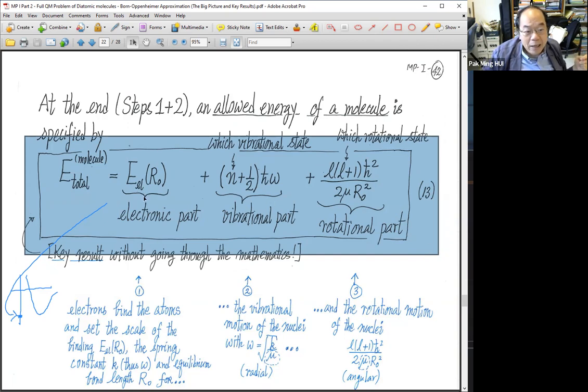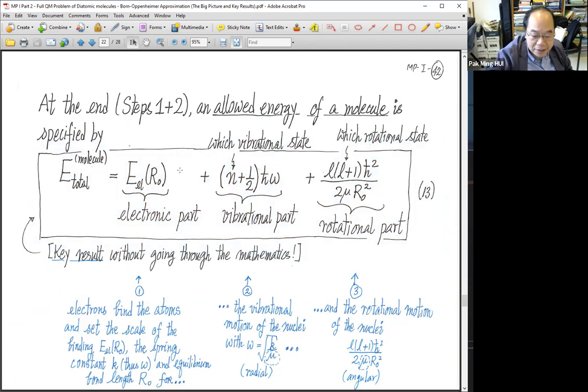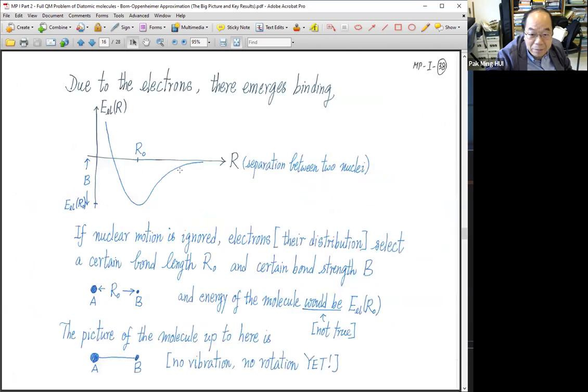Let me remind you what this total molecular energy is one more time before we take a break. This thing is from many pages before.